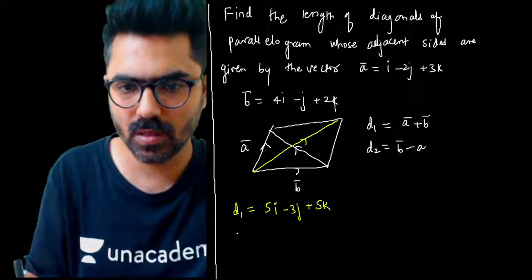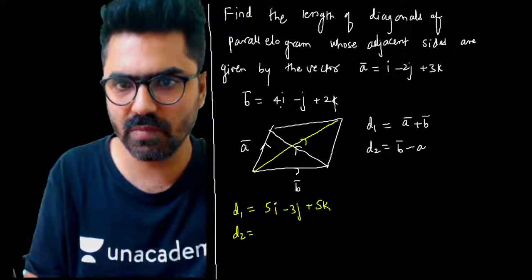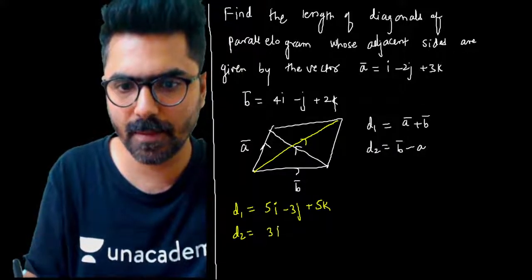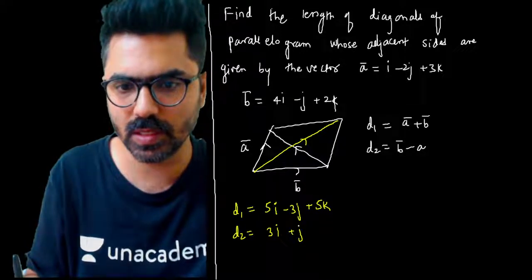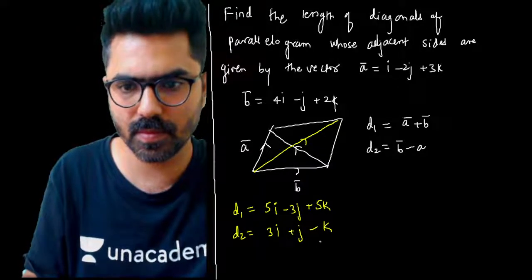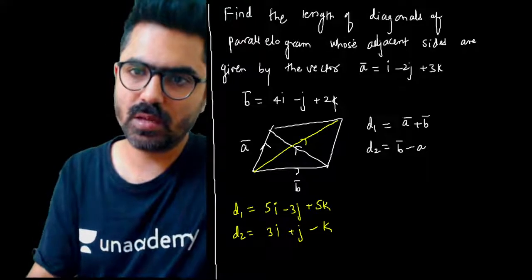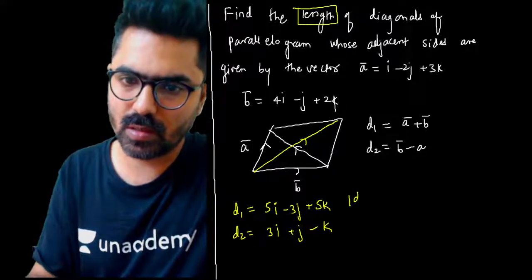This is diagonal 1. Diagonal 2 is B minus A. So while writing B minus A, 4i minus i is 3i. Minus j minus 2j, so plus j. And 2k minus 3k is minus k. So these are the two diagonals, but we have been asked the length of the two diagonals. It means the magnitude is required.